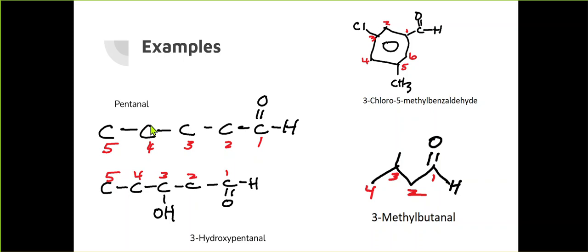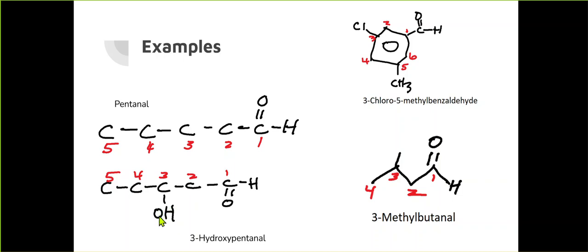So if we look at this, here we have pentanal. So we've got 5 carbons across here. You do have the C double bond OH, so this is an aldehyde. You start numbering here. So this is pentanal or 1-pentanal.